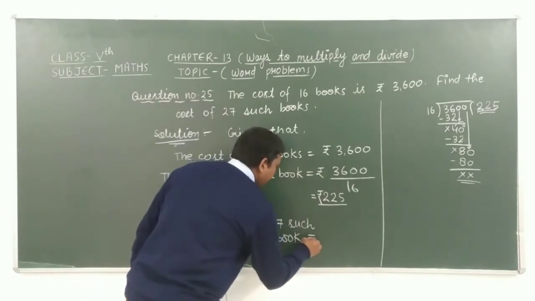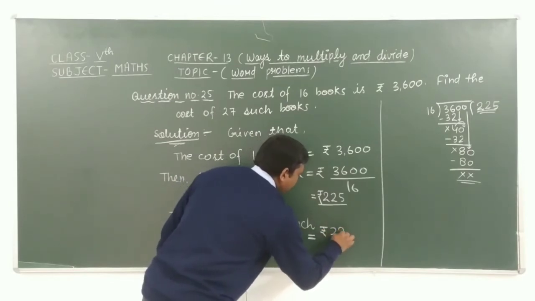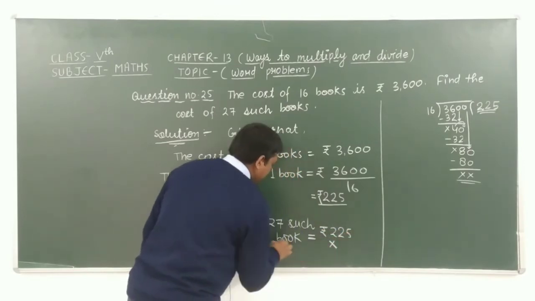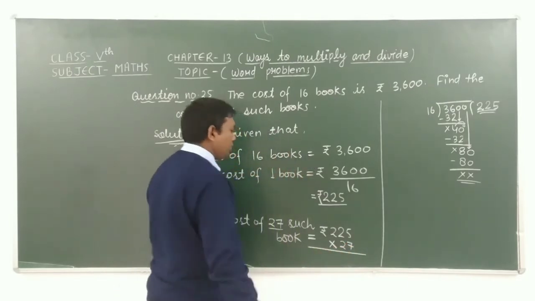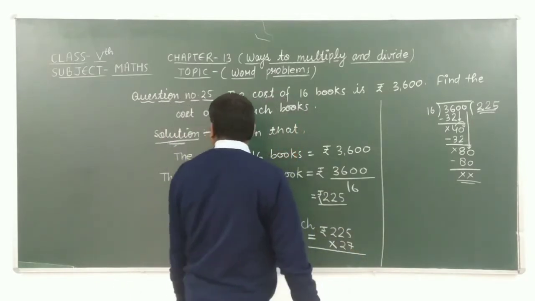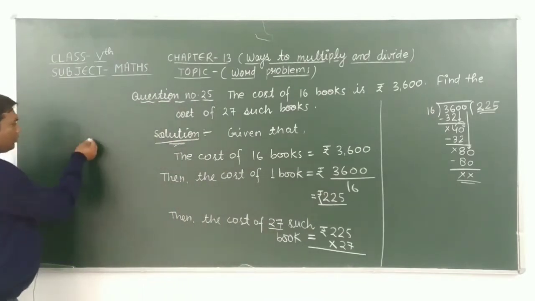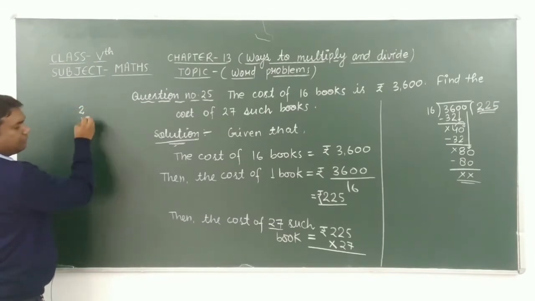Okay, look at here carefully. Here we have to take the multiplication of 225 by 27. Here we have to take arrangement for multiplication of 225 by 27.